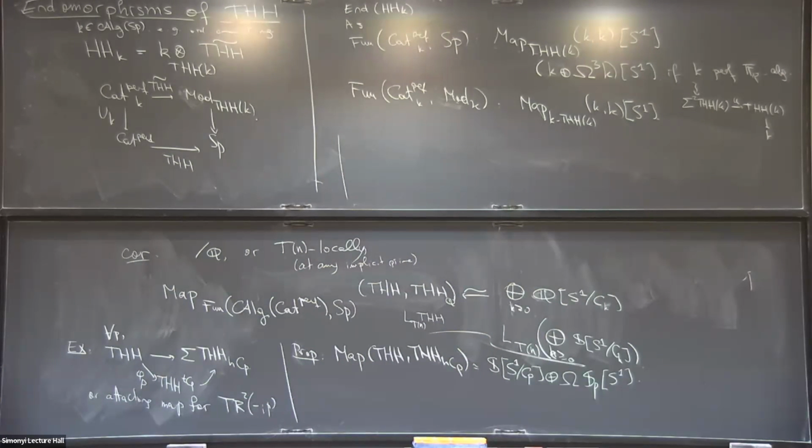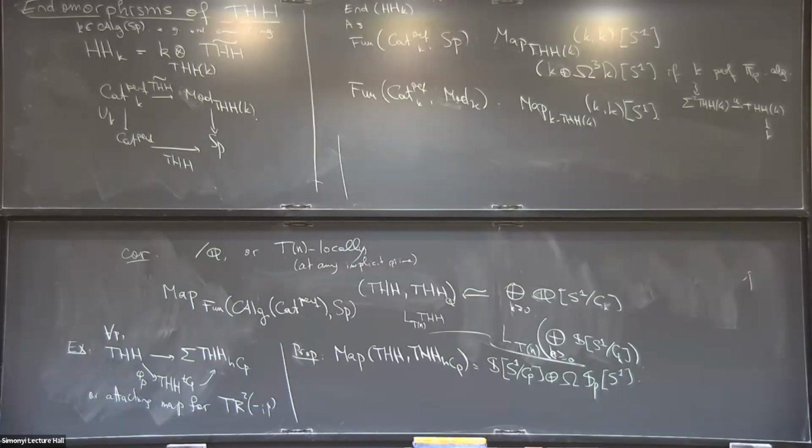Can you say how you compute that equality? Which one? The map tensor. No, yeah, this one. Yes. So you write the same extension of scalars, restriction of scalars adjunction. So you reduce to THH to the S1, THH-linear maps from THH to the S1 to THH.